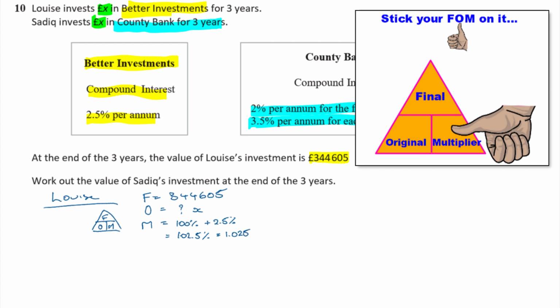Once we know that, we can cover up the thing that we want. We would like to know the original. Then we're going to put in the other things. So original equals final divided by multiplier.